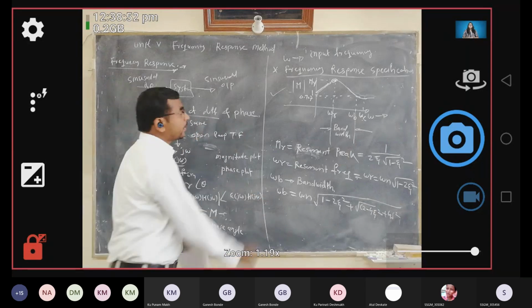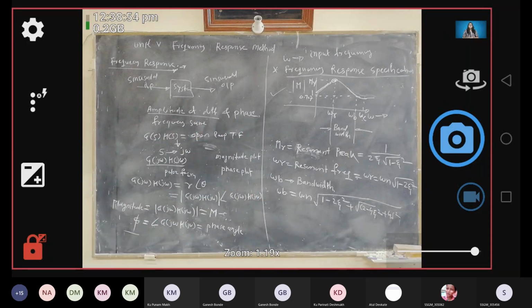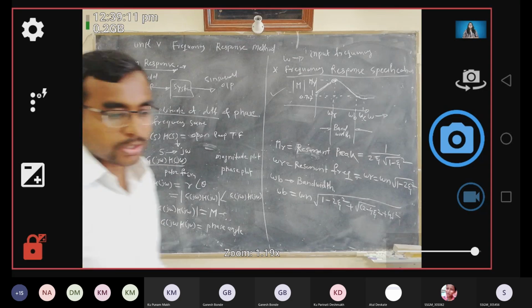So these are the required expressions for the frequency response specifications. I request all of you to please go through the derivations and the standard definitions. These are very generalized ones. So this is regarding the frequency response specifications.